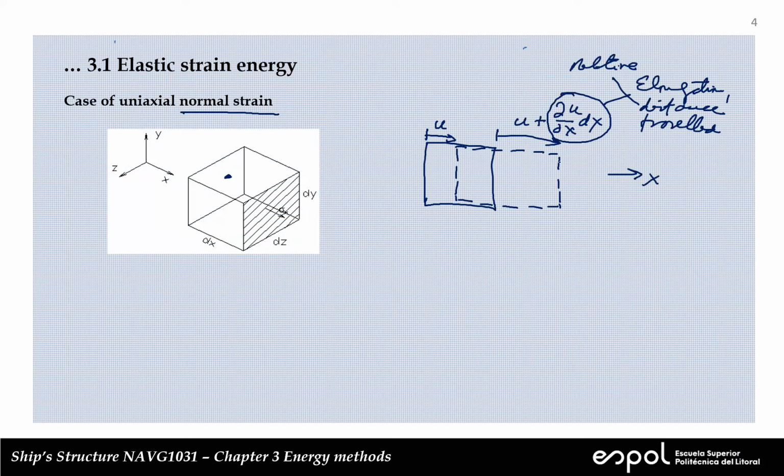But now let's look at the force. Since this is in equilibrium, we have the force pointing to the right, and that's equal to sigma x times dA. And here, sigma x times dA.